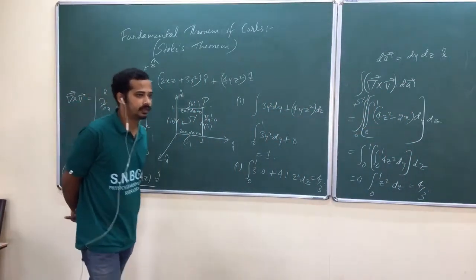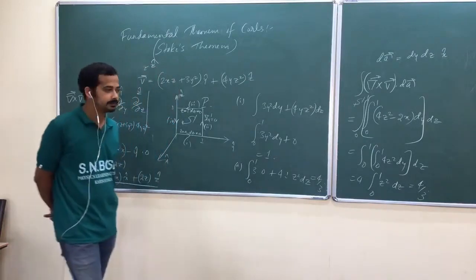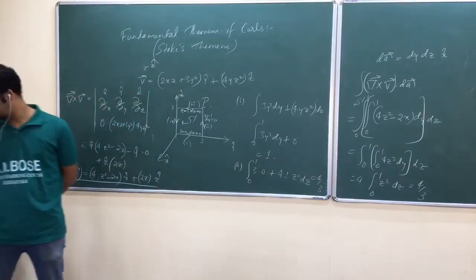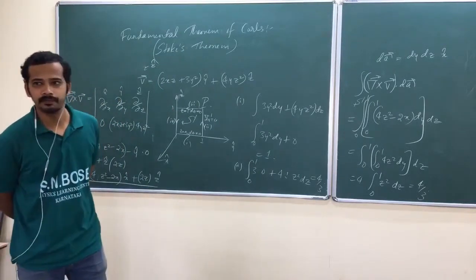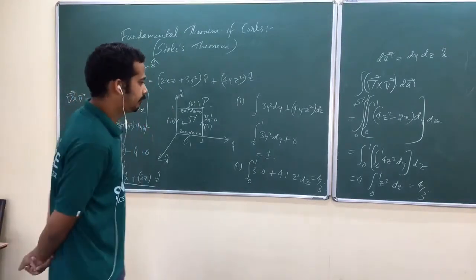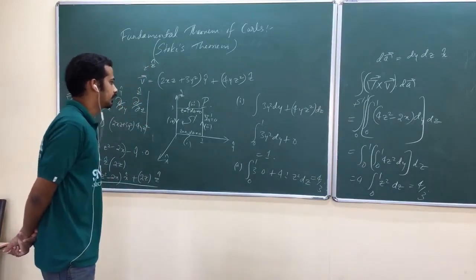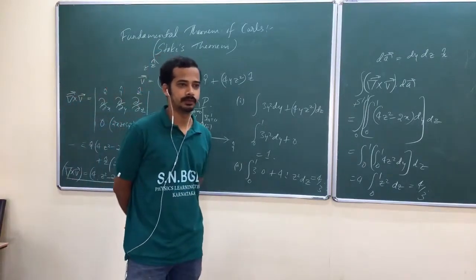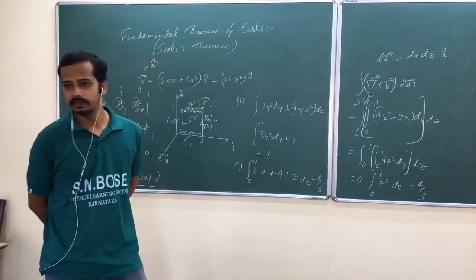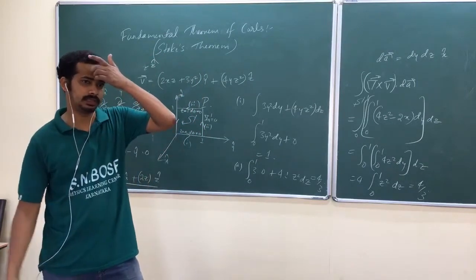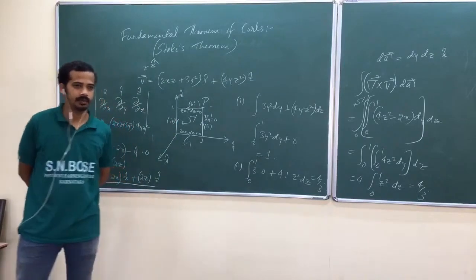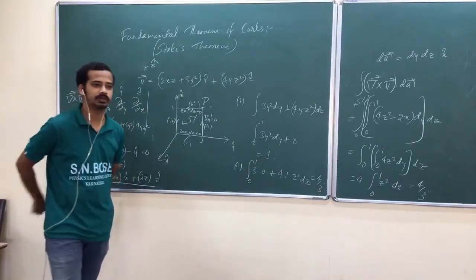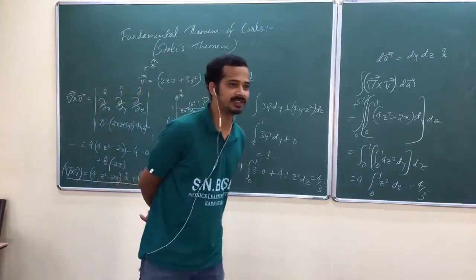Now, there is one very good question here. What if the surface has got two different boundary lines, just like a cylindrical surface which is open on both sides? Suppose a PVC pipe cut on both ends. Then how to apply this theorem?